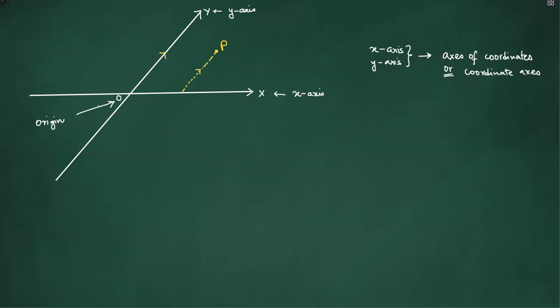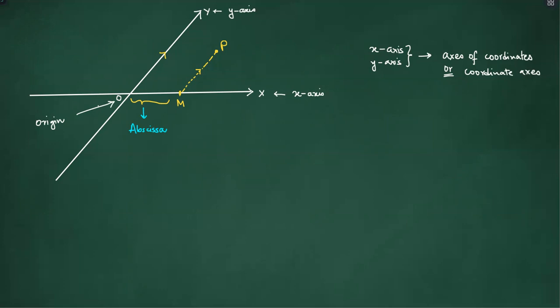This line and this line are parallel to the y-axis, and let's consider the point of intersection of P and the x-axis as M. Now this distance OM, the distance from the origin to point M, is known as the abscissa.